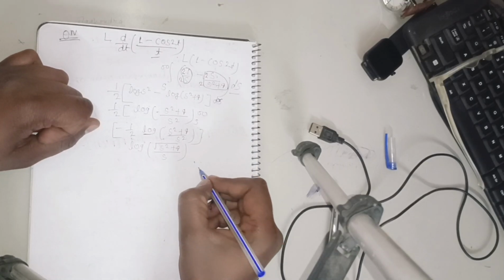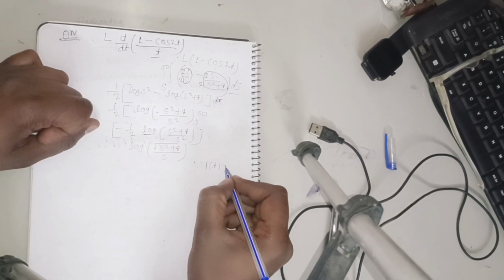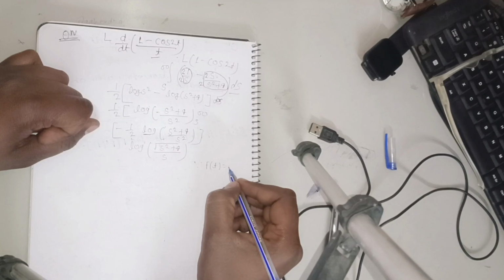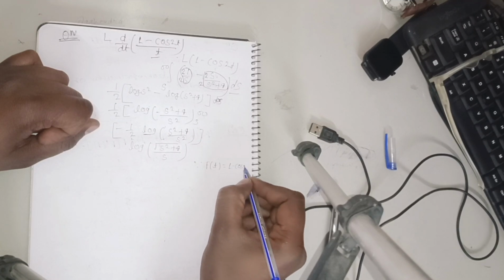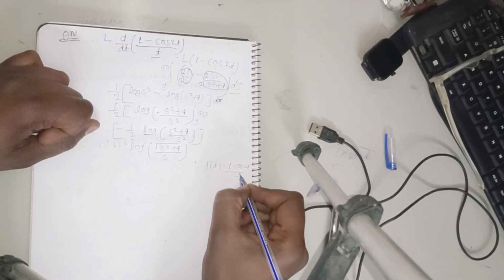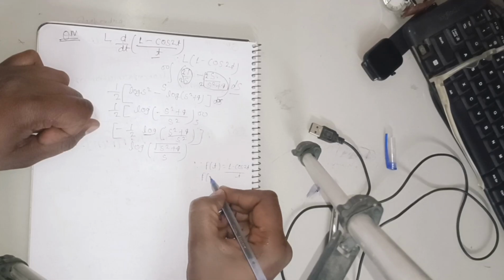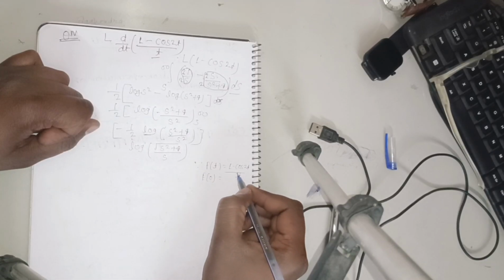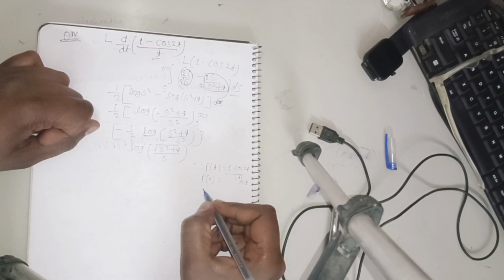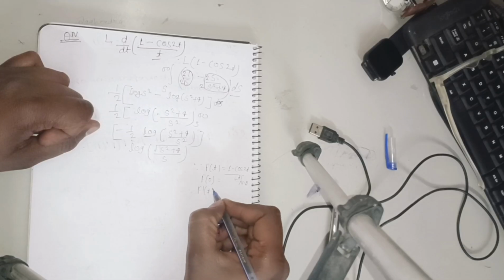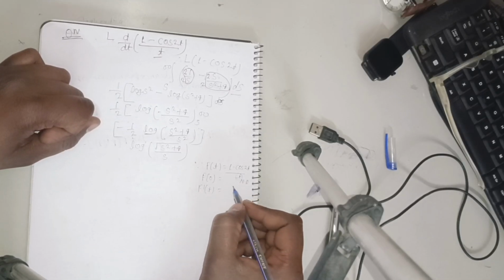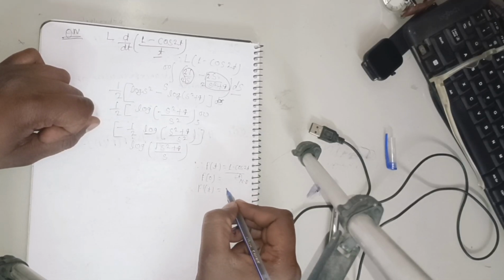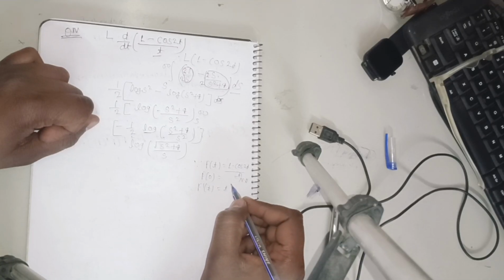Now for f of t is 1 minus cos 2t upon t. If I put f of 0, then here it will be 0, so not defined, right? So now differentiation: f of t is 1 minus cos 2t upon t. Differentiating t gives 1, so it will be t into the derivative of 1 minus cos 2t, minus the 1 minus cos 2t as it is.